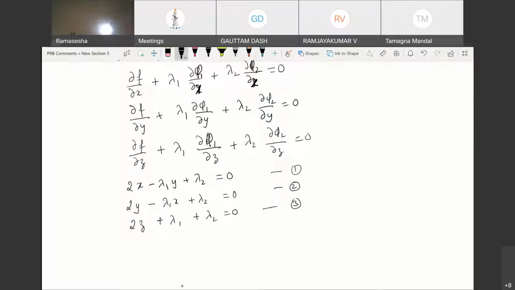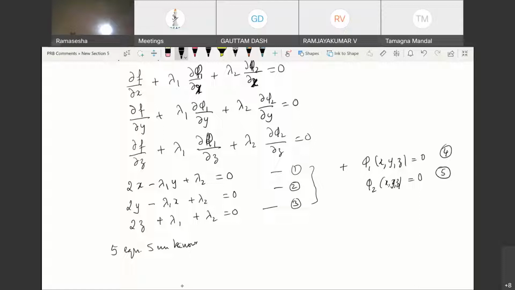So what I have is these three equations plus the fourth equation, which is p1 x y z equal to 0, and p2 x y z equal to 0 is the fifth equation. So I have five equations and five unknowns.